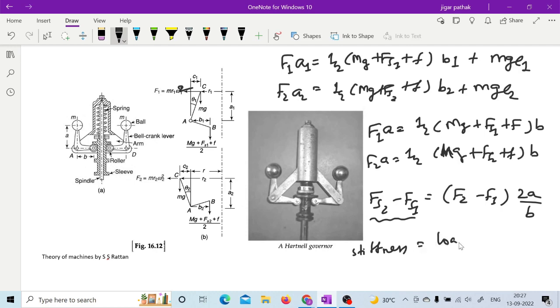So this load equals stiffness into deflection, so stiffness into deflection h1 into s can then be written as 2a by b into f2 minus f1, right? So this is how you are having this relation in case of Hartnell governor.